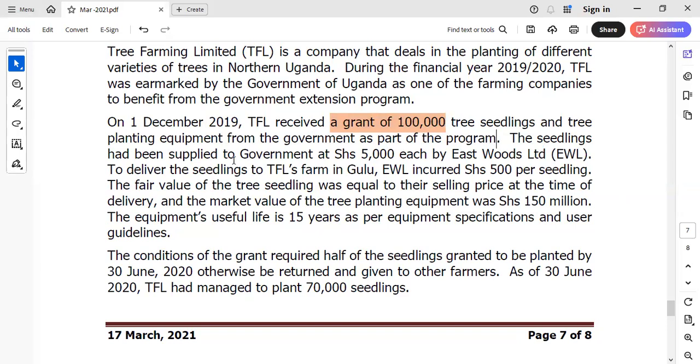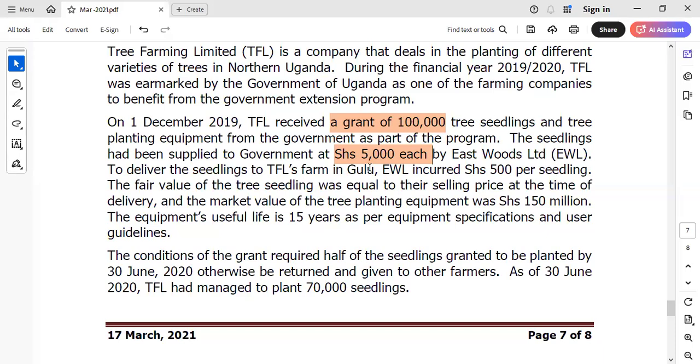The seedlings have been supplied to the government at shillings 5,000 each by Eastwoods Limited. To deliver the seedlings to TFL's farm in Iguru, EWL incurred shillings 500 per seedling. This money has not been incurred by TFL.